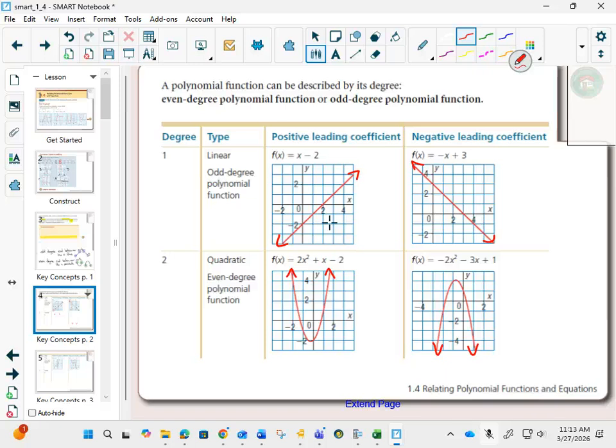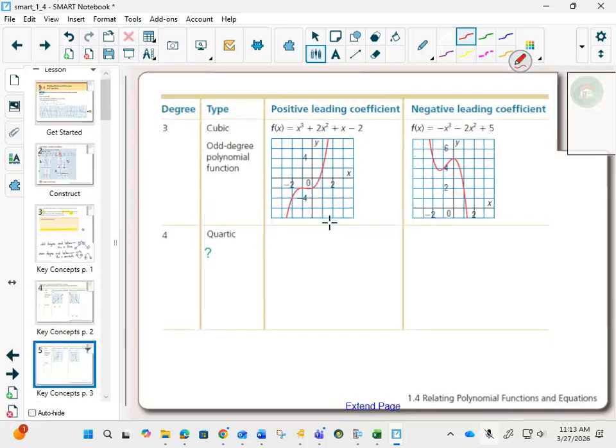And now we're going to see that pattern happen also with x to the cubed, x to the 4, x to the 5. So here's our x cubed graph. The leading coefficient, the number in front of the x cubed, is a +1. So it starts down here just like a line and ends up here just like a line. So off to the side, I would see this is an x cubed.